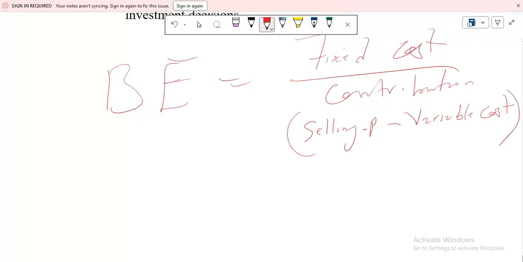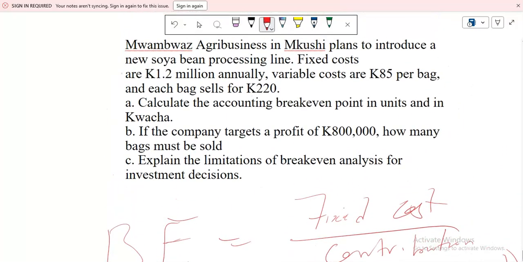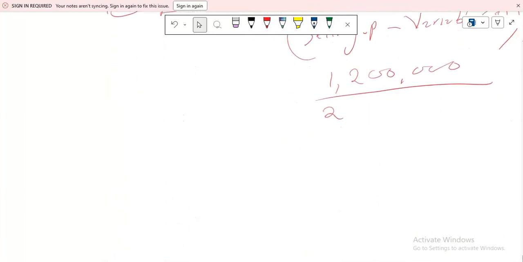So in this case, we've been given that our fixed costs are 1,200,000, divided by the selling price, which as per the question is 220, minus the variable cost, which is 85.